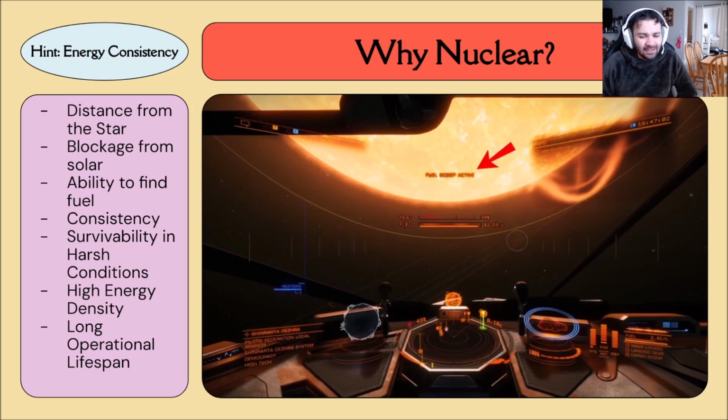Also, let's say even closer to the star, like in our solar system, the planet Venus is relatively close to the sun, a lot closer than we are.